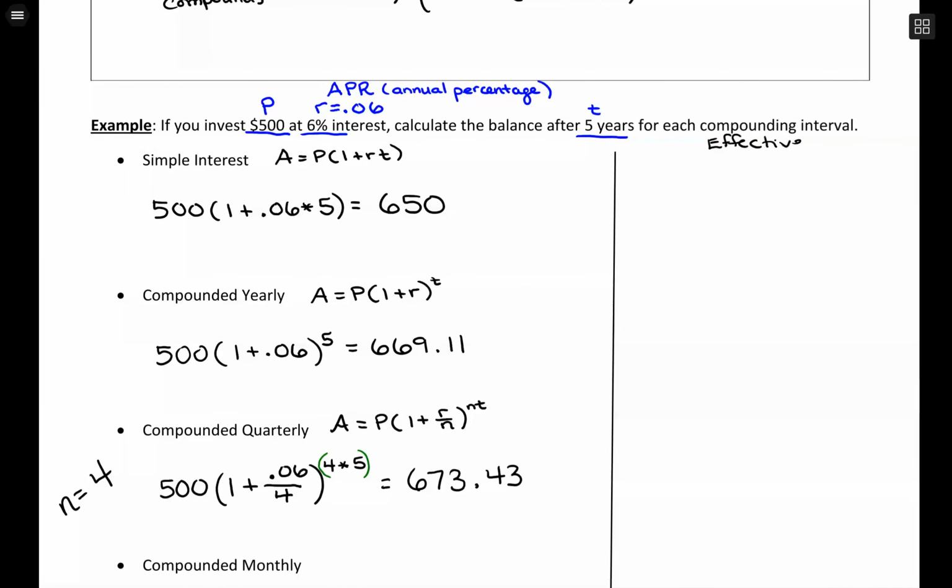Now, with these first two, it's not going to be too exciting. When we have simple interest, in terms of percent growth each year, that's always 6%. Same thing with compounding yearly. Those are 6% growth, so those are just given to you.